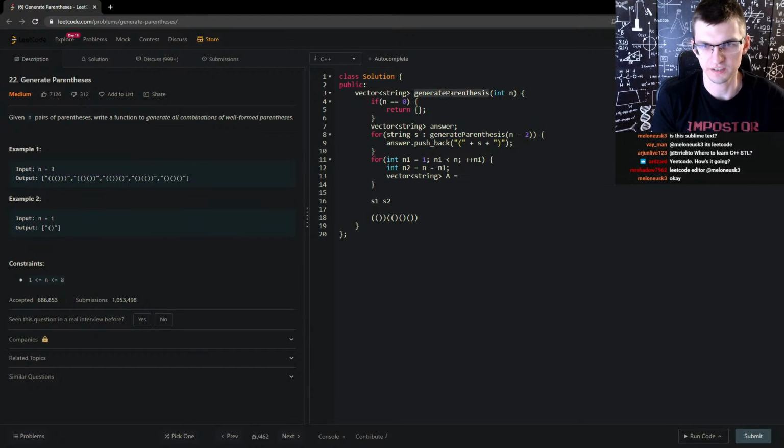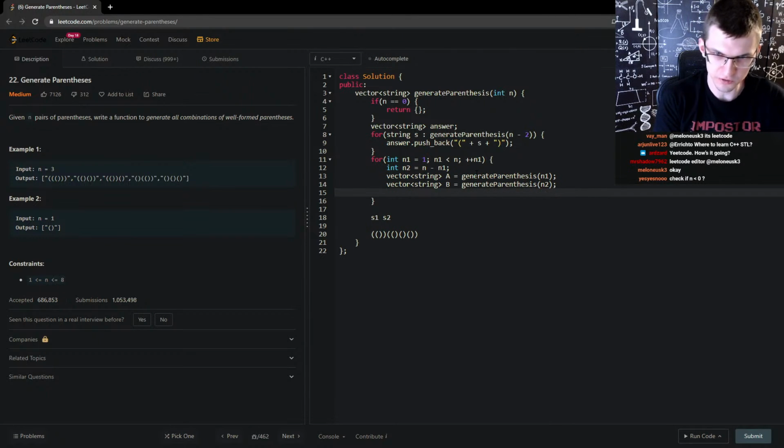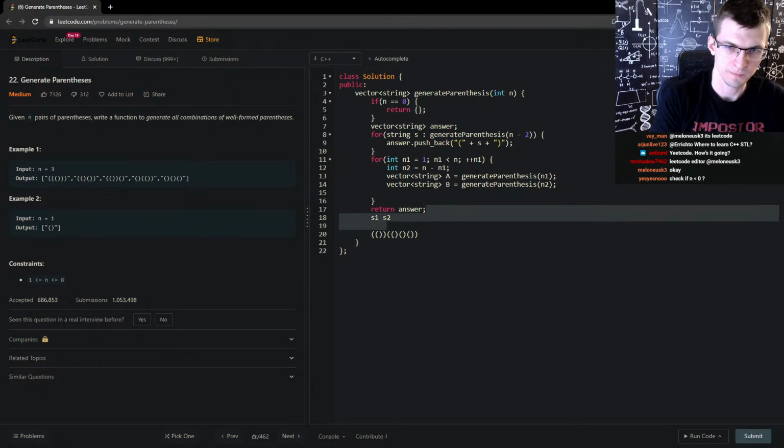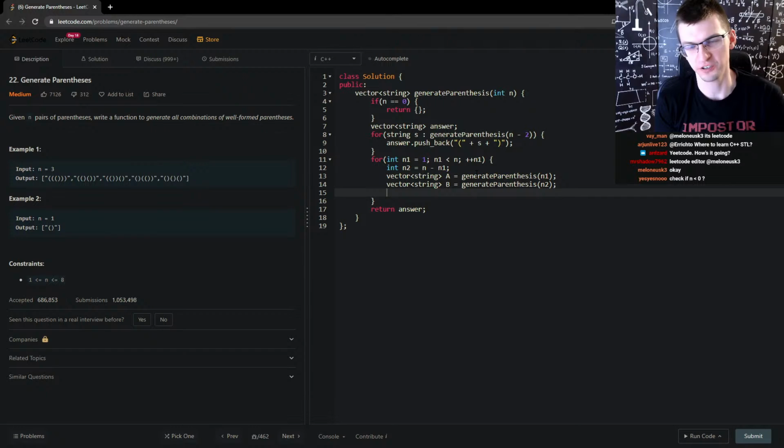Generate parentheses of n1 and n2, and then combine all the pairs. And now this solution is wrong. And I think that if you didn't solve this problem before, it will be very hard to realize why this is wrong without actually running it.